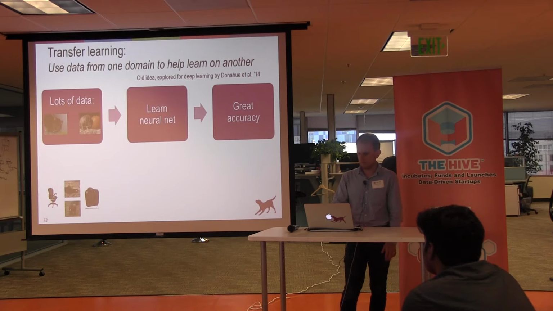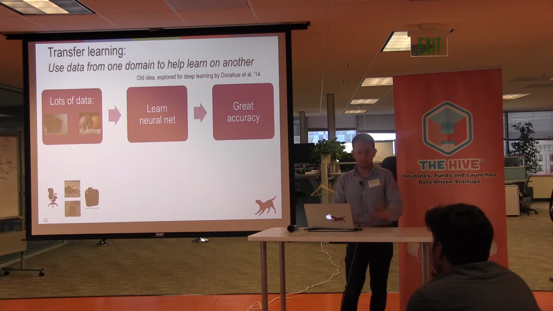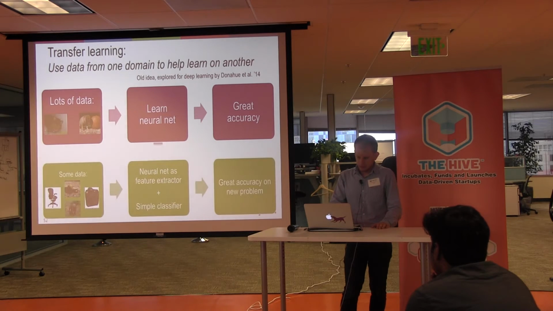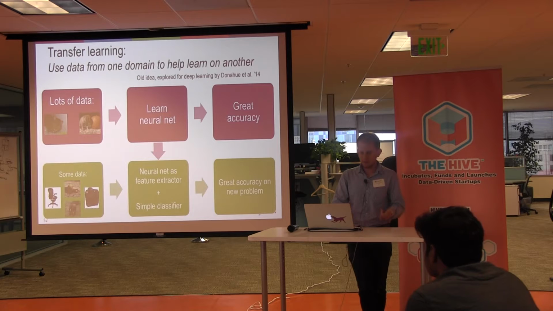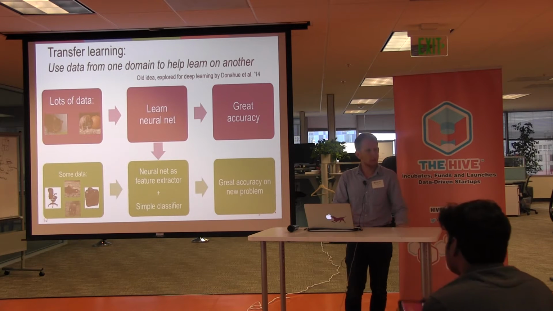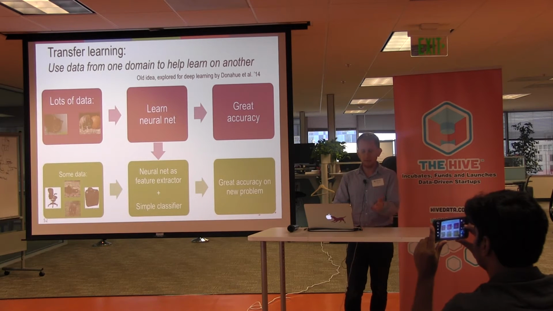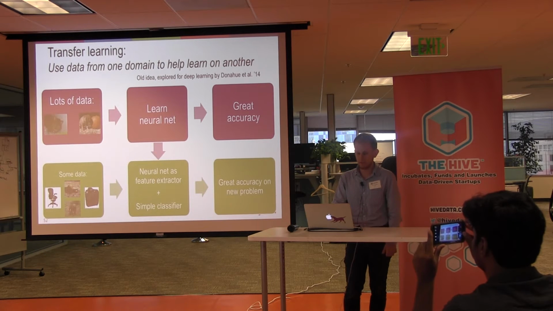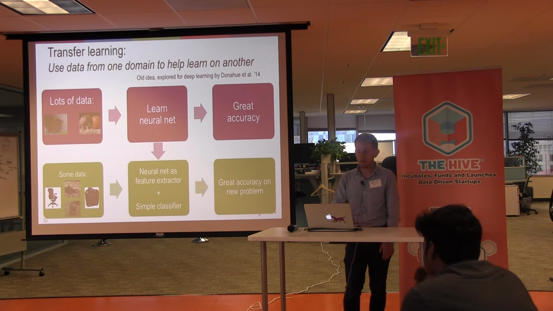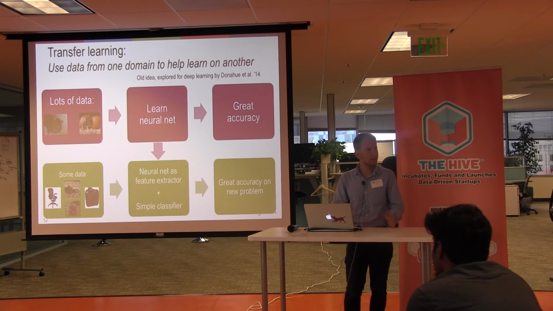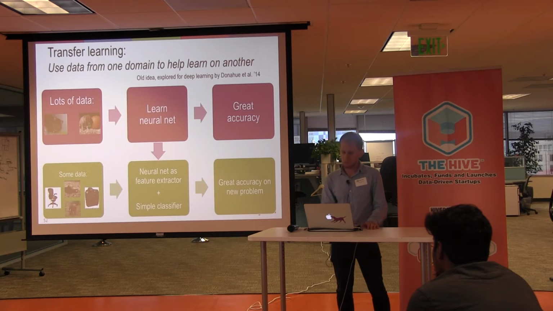Now you have a related task. Doesn't have to be, it turns out, even very related, but a somewhat related task, let's say in the vision domain. You use the previously trained neural net as a feature extractor, and now for each image, you have some representation, and you can train a simple classifier on top of it. And now you have great accuracy on your new problem, and you expended hardly any energy doing so.